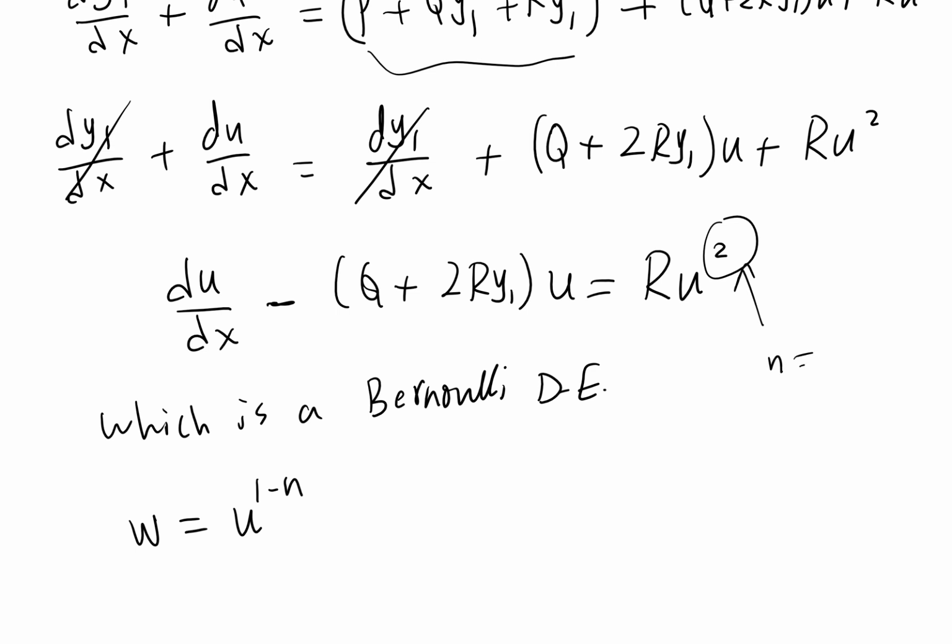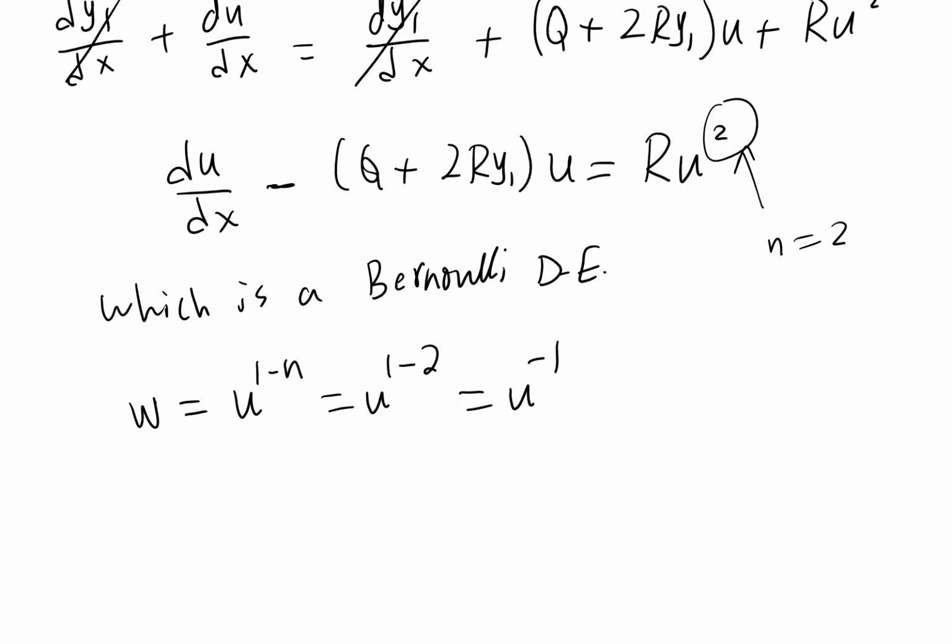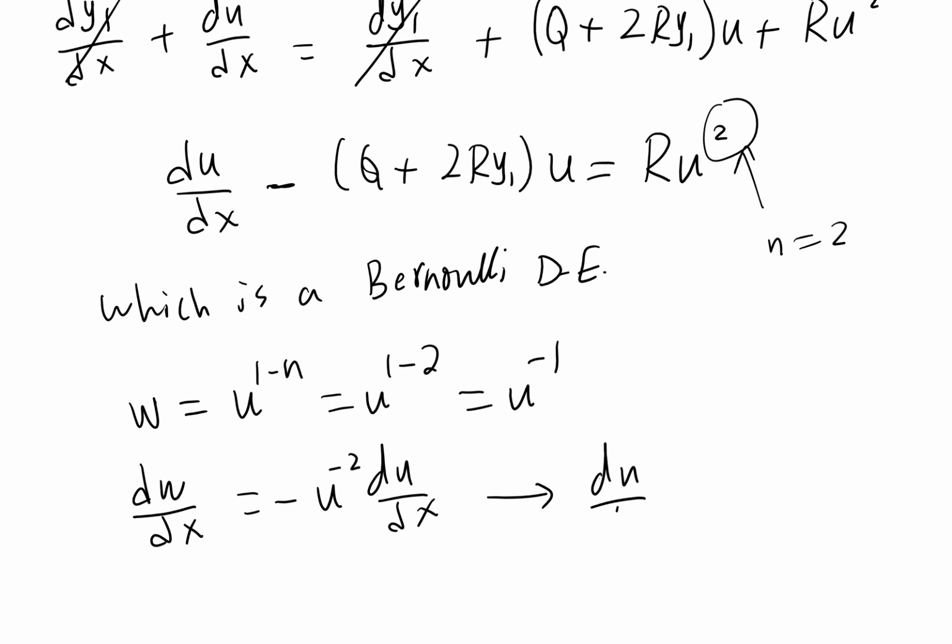So that would be u to the 1 minus 2, that's u to the negative 1. Then differentiating both sides with respect to x, dw/dx is negative u to the negative 2 du/dx. Solving for du/dx gives negative u squared dw/dx, if you divide both sides by u to the negative 2. So this is just the process for how to solve this kind of equation.